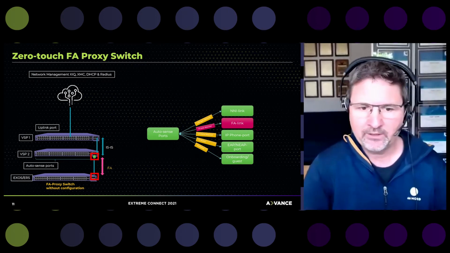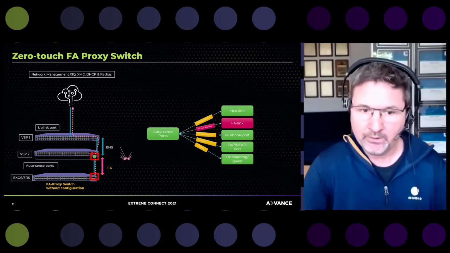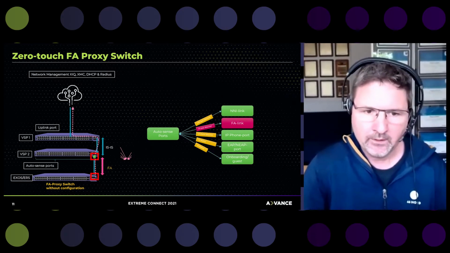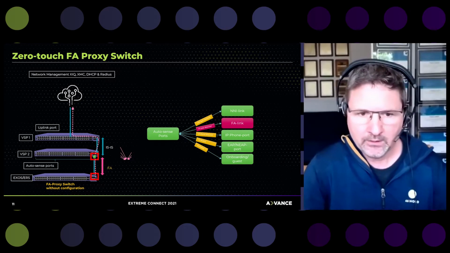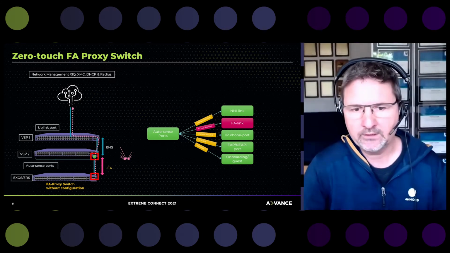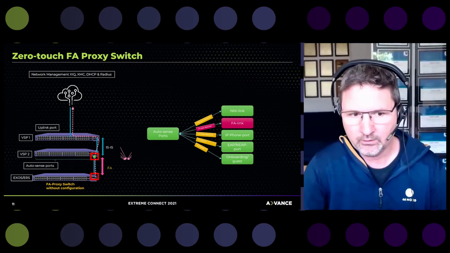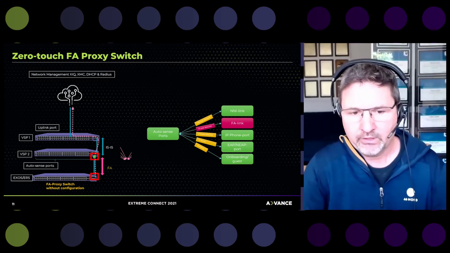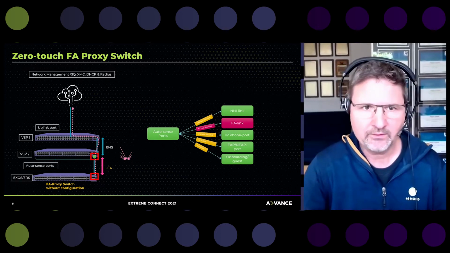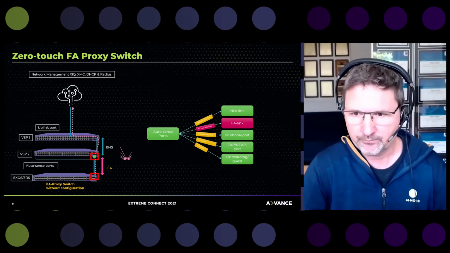Let me bring up fabric attach on that link, and at the same time, let me bring up the network management onboarding segment, this pinkish connectivity or dashed line there. That will be the onboarding segment, so that this newly attached device, again, without any configuration, could reach out to the DHCP server, get an IP address, and then reach out to the network management infrastructure.